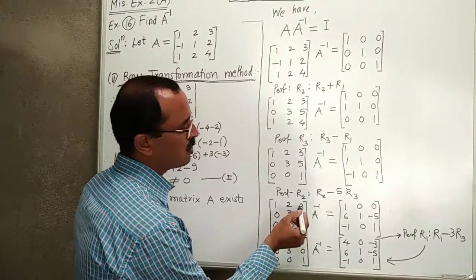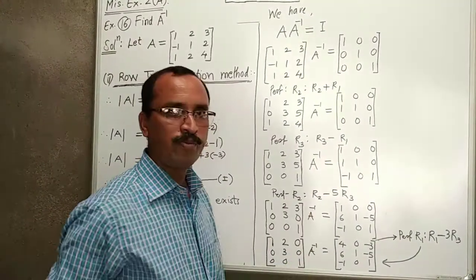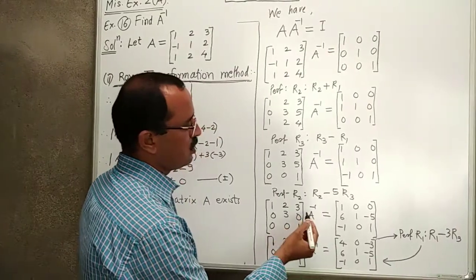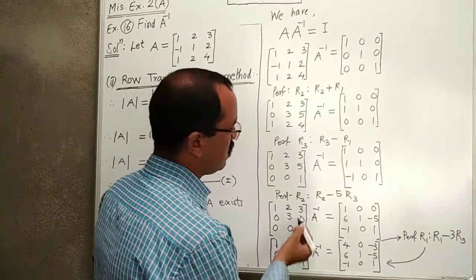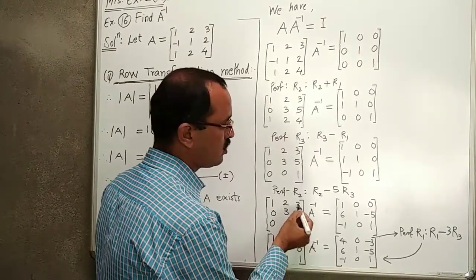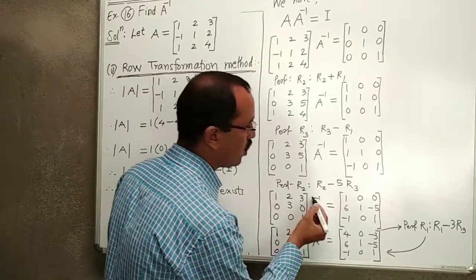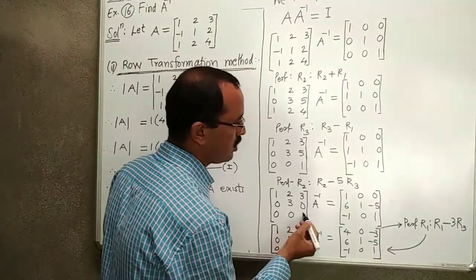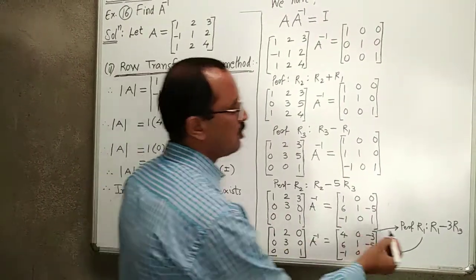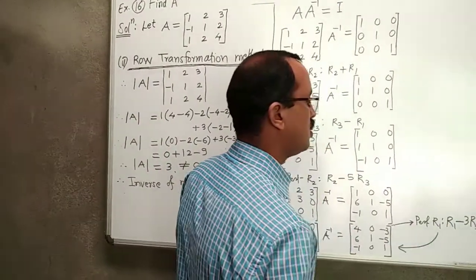Now we convert this element 3 of R1 into 0. Means we use the transformation 3 minus 1 into 3, that is 3 minus 3 is 0. So I use here the transformation R1 minus 3 R3. So performing R1 such that R1 minus 3 R3.